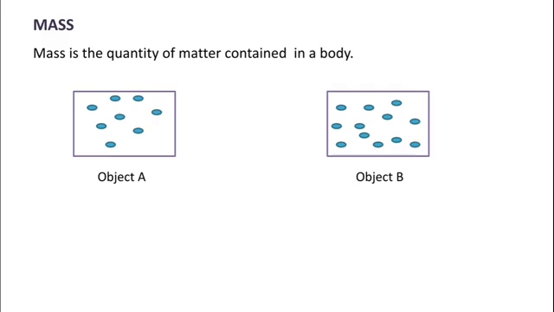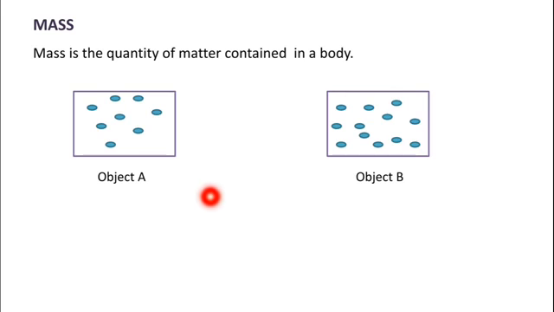So first let us start with mass. So students, what do we mean by mass? Mass is the quantity of matter contained in a body, or we can say the contents present within a body. In order to understand it, let us take two objects.